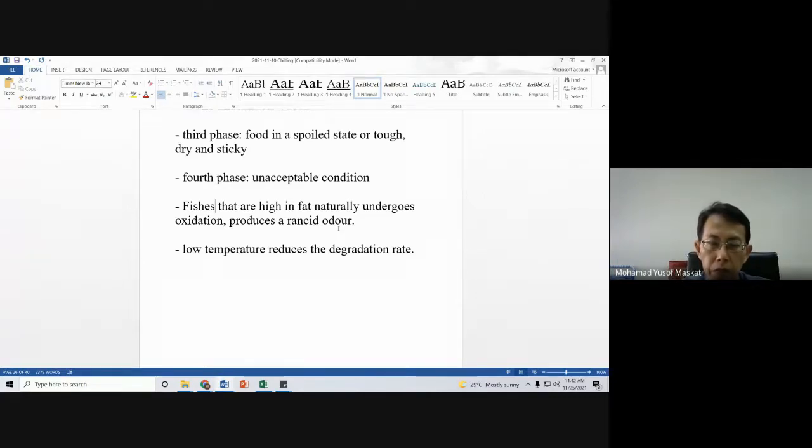If you have any experience eating kerepek ubi or kerepek pisang that you buy at the stores, and when you eat it there is a strange taste accompanied by a strange smell, that is what is referred to as tengik or rancid. That is due to the oxidation of oil.